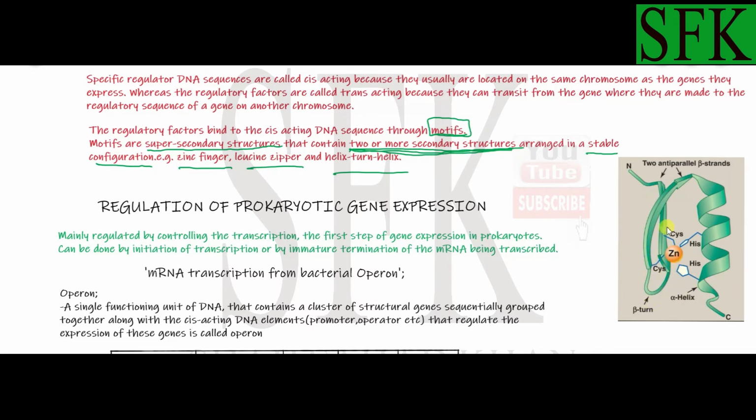So several secondary structures are arranged in a stable configuration, and these are coordinated with a central zinc atom through two histidine molecules and two cysteine molecules. So histidine and cysteine amino acids are coordinated with the zinc in the center.